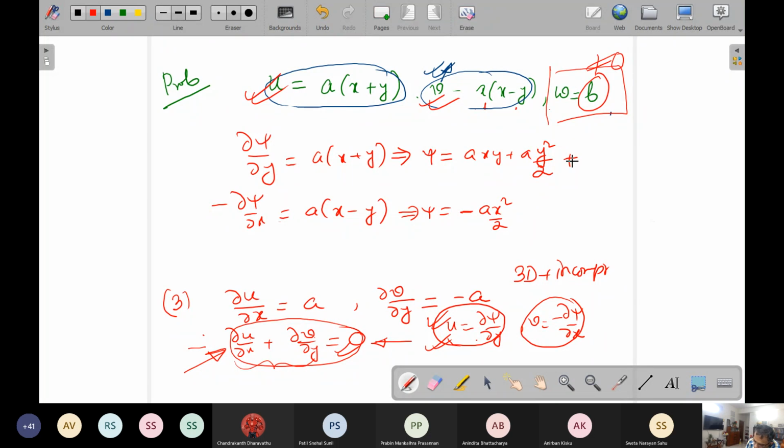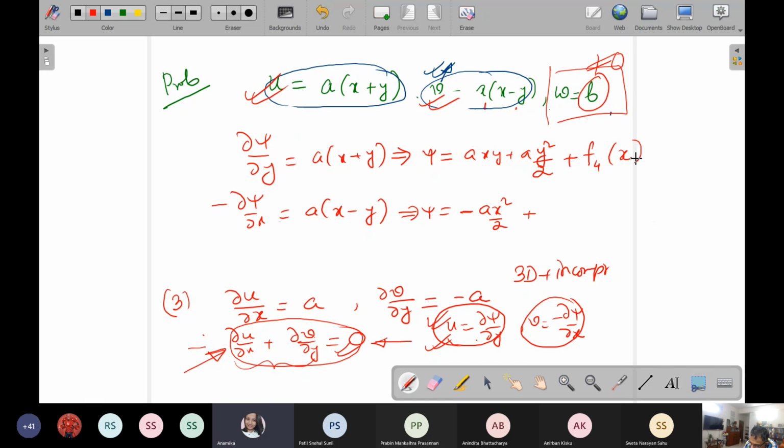I'm just integrating and writing the values of the constant of integration. So F1, F2, F3 we have used, F4. So can you tell, it will be a function of what? Any one of you? X, sir, X. The first one is an X function, and the second one?